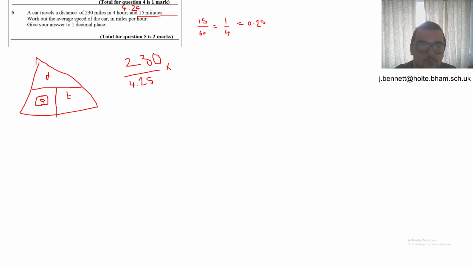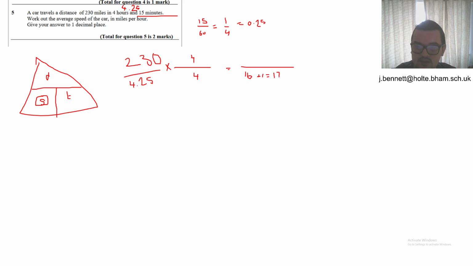Again, we're going to manipulate this fraction because this isn't very pretty. This is out of a quarter, so we multiply the bottom by 4, and the top by 4. 4 times 4 is 16. 0.25 times 4 is 1.